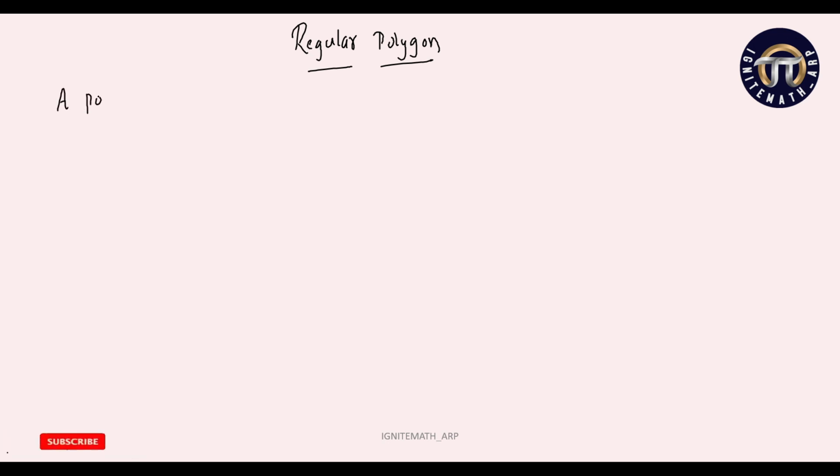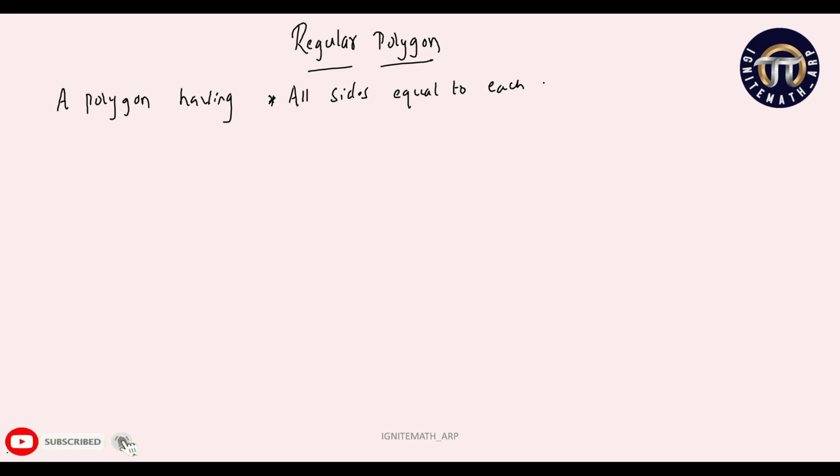A polygon having all sides equal to each other, and all interior angles equal to each other, and all exterior angles equal to each other.